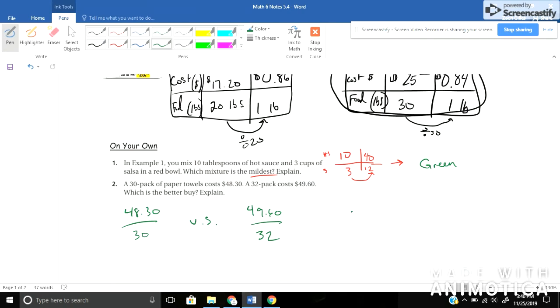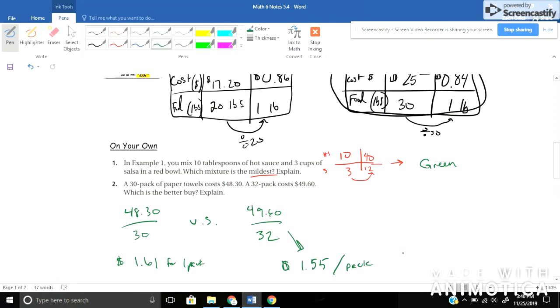48.30 divided by 30 would give you $1.61. And that would be for 1 pack of paper towel. And this other one, 49.60 divided by 32 would give us $1.55 per pack.